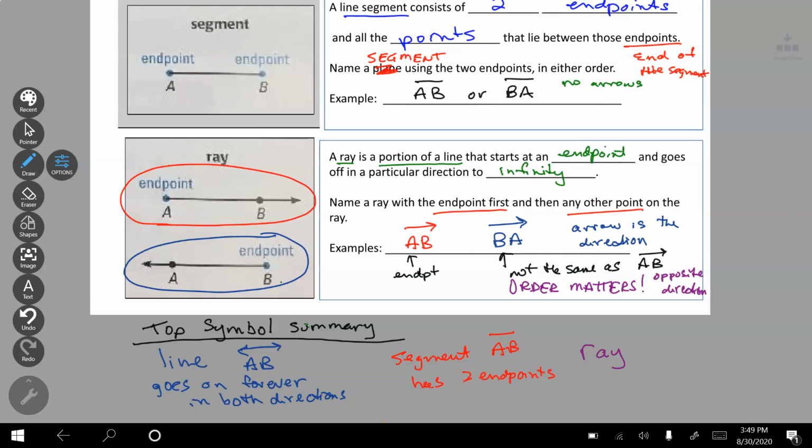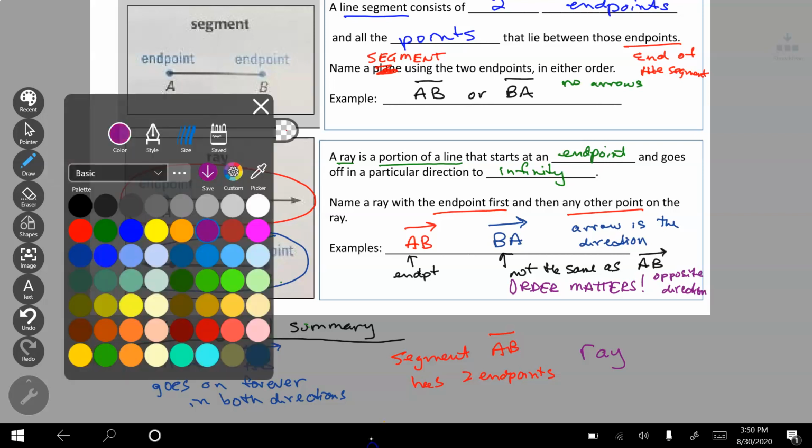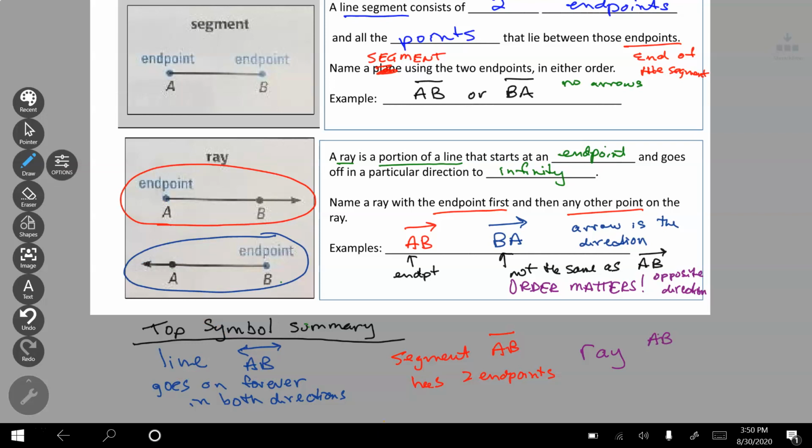It means it begins at A and stops at B or vice versa. It doesn't matter the order. But then finally, ray AB means it starts at point A and goes forever in the direction of B. So a line and a ray do go on forever. A segment has two endpoints.